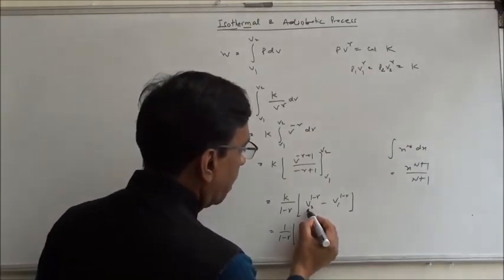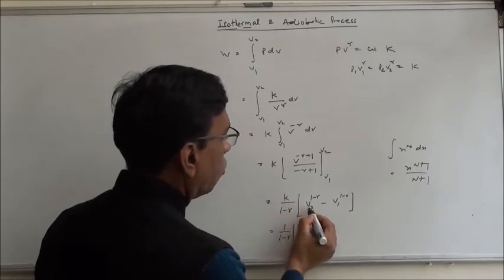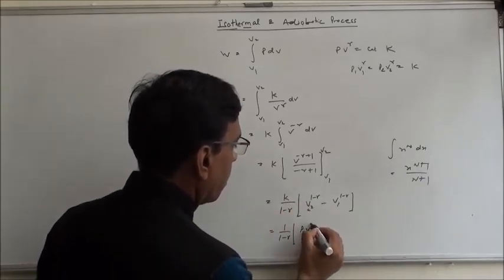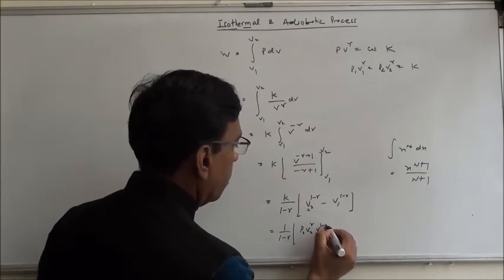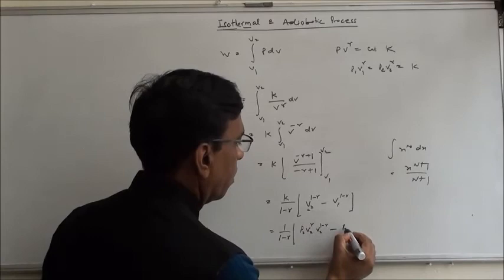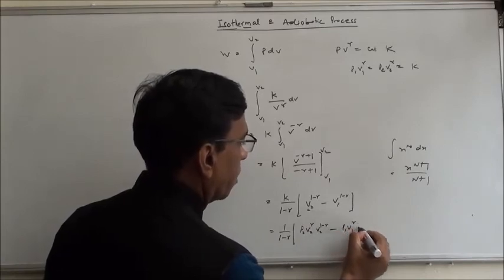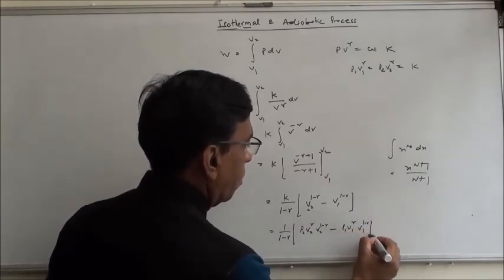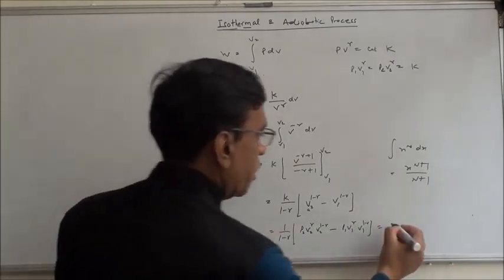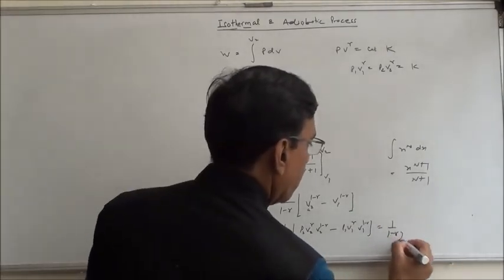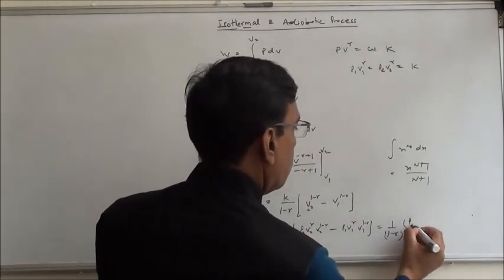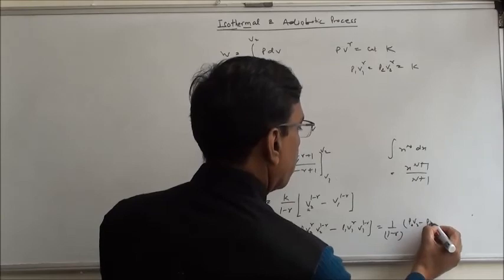So when I am writing K times V2^(1-gamma) and K times V1^(1-gamma), let me write it like this, just to have a simplified expression. Then K here I am writing as P1 V1^gamma. This helps in the simplification of the expression. Now see, it is 1 upon 1 minus gamma, and here we are left with P2 V2 minus P1 V1.